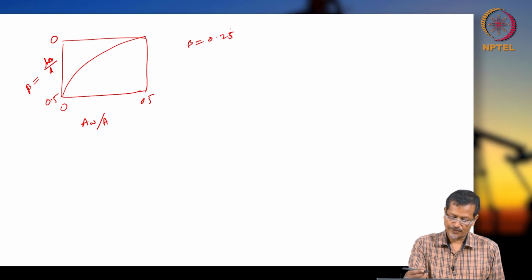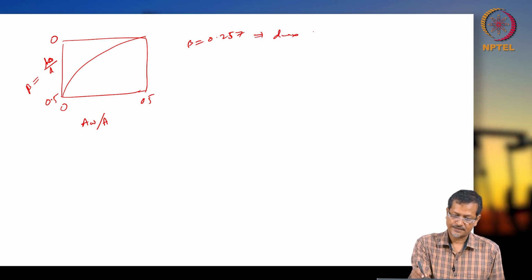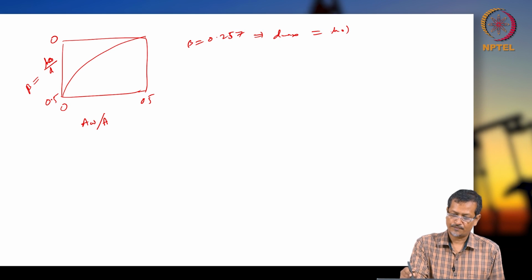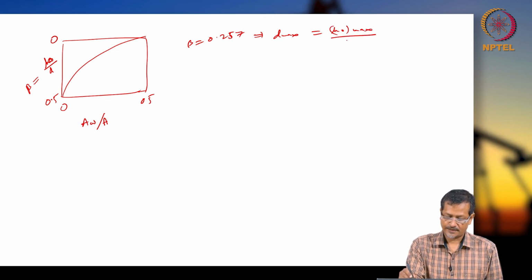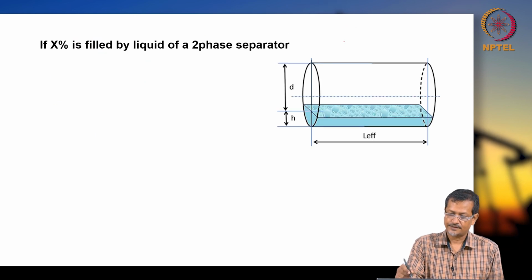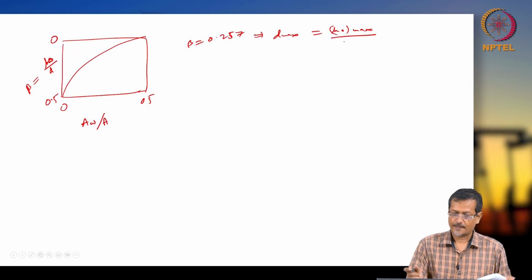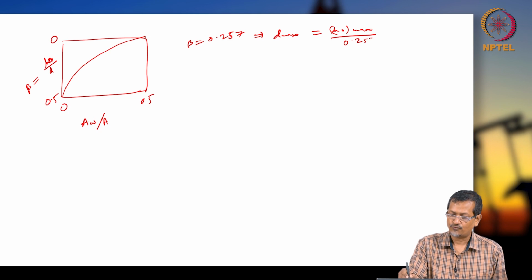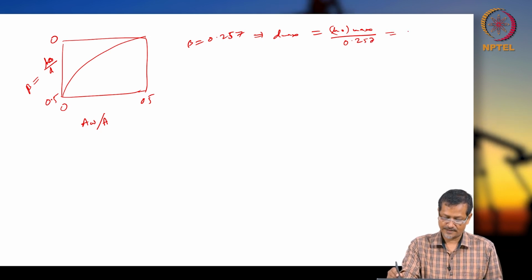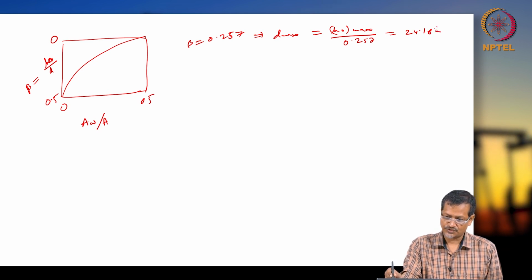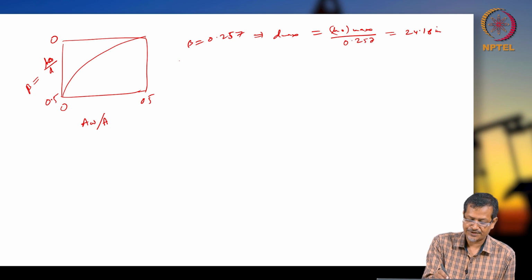So if you have 0.257, then we can calculate D max equals HO max, which we have already obtained, and beta value 0.257. If we calculate these two, D max is coming as 24.16 inch.